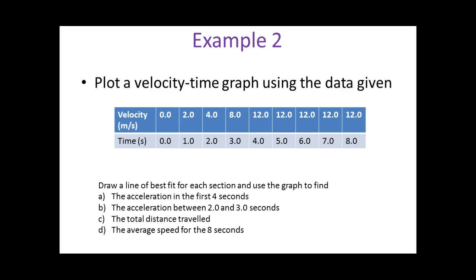Remember that you need to use the gradient to find the acceleration in each of the acceleration parts, and you need to find the area for the total distance travelled, and you can use the equation that I showed you before for calculating the average speed to calculate the average speed for the 8 seconds. So that should take you quite a bit of time, so come back and check your data later.